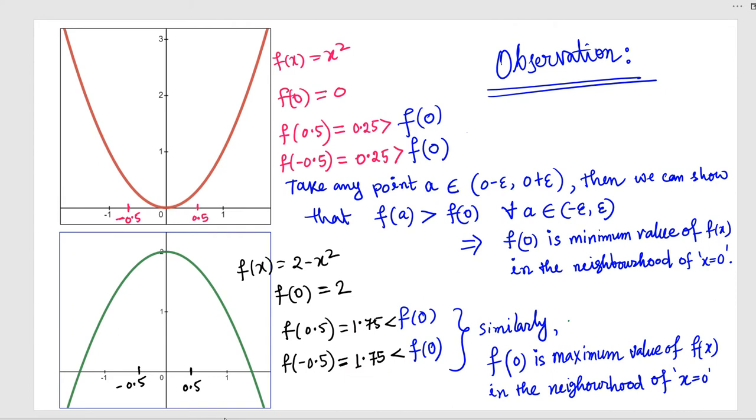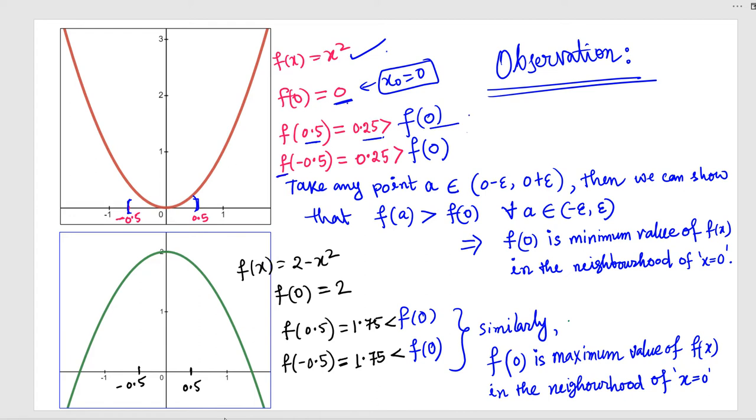Okay, so if you just look at the geometry, observe the geometry. For example, if you look at the interval here, for this function f of x equals x squared, and at x equals 0, if you consider x naught equals 0, here what you see is f of 0 equals 0, and if you take the right hand side 0.5, this is 0.25, which is greater than the f value at 0.